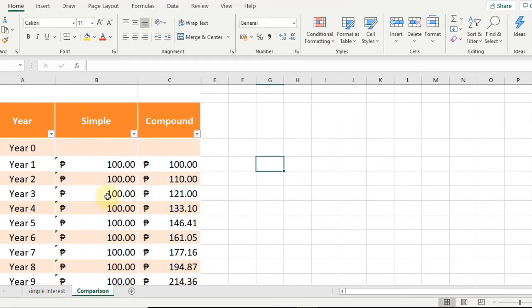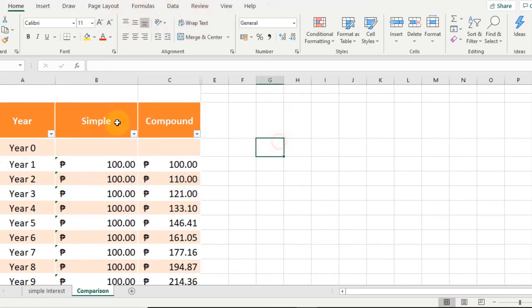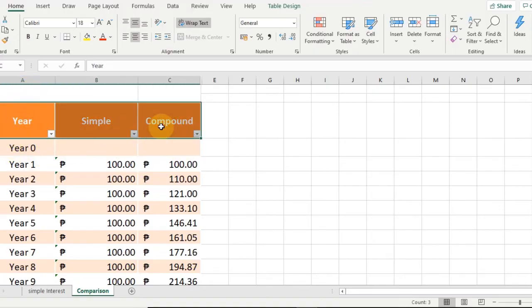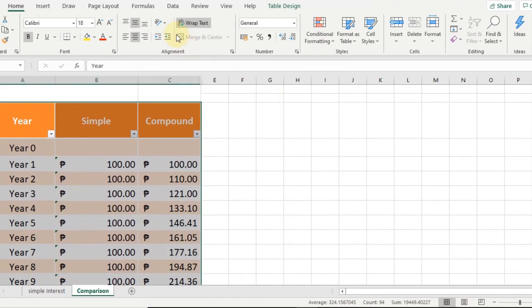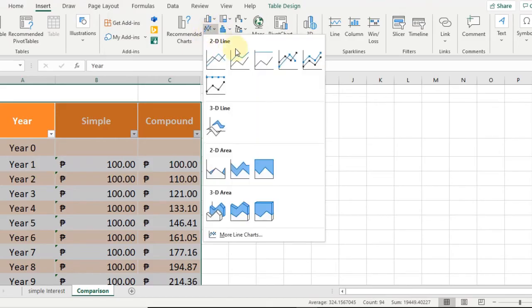Okay, so I have here the interests for simple and compound. What we will do is we will make a graph to compare. Let me just highlight what I want to appear. And then insert charts.